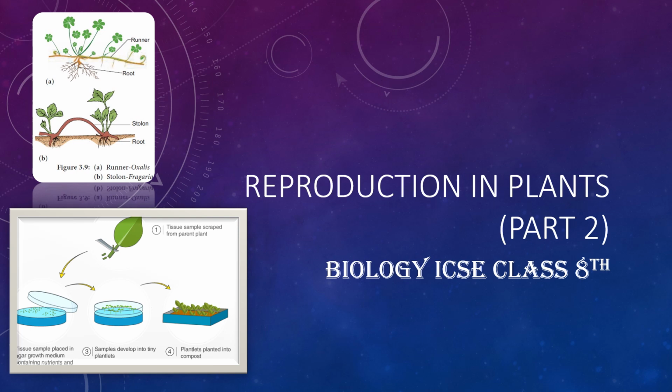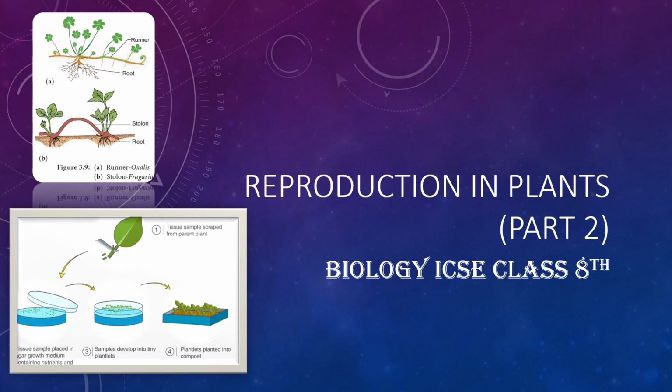So I hope you have already gone through yesterday's episode of reproduction in plants. Today we are going to discuss reproduction in plants part 2. In yesterday's episode, I discussed two types of reproduction, that is sexual and asexual reproduction. In asexual reproduction, we talked about different types, budding, fragmentation, spore formation and all.